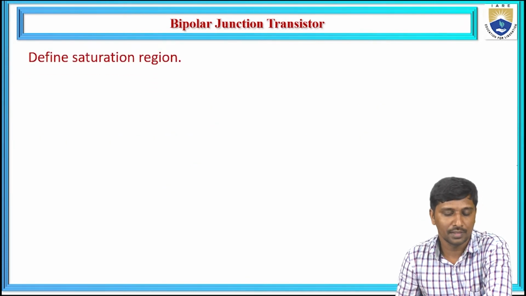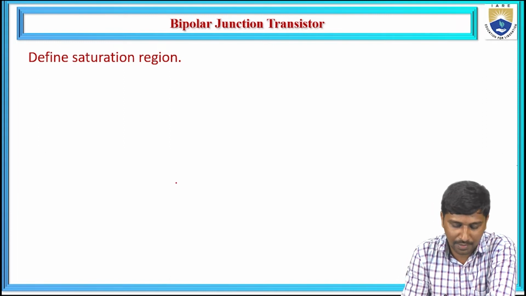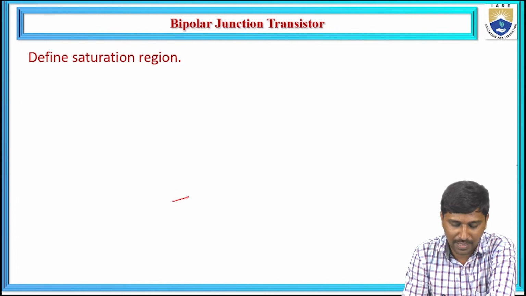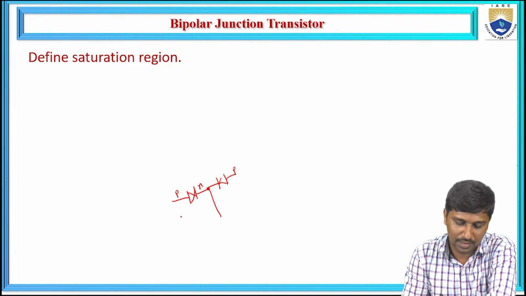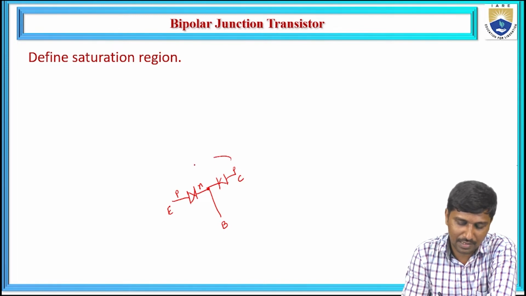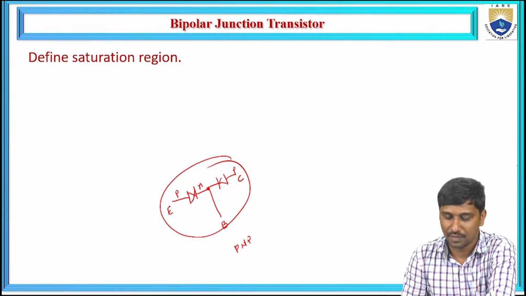Now similar to that, define saturation region. Just to discuss, we have two transistors based on this construction. This is P and N, back to back, one more PN junction. Let us take this as emitter, base, collector, and this type of transistor is called a PNP transistor.